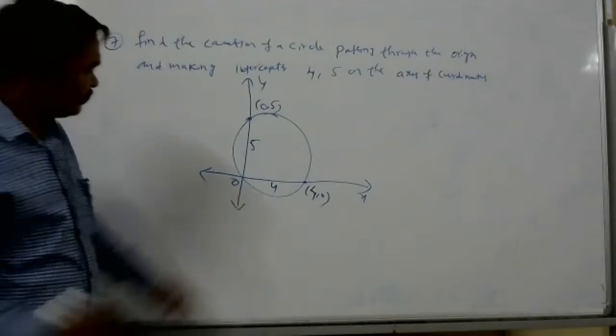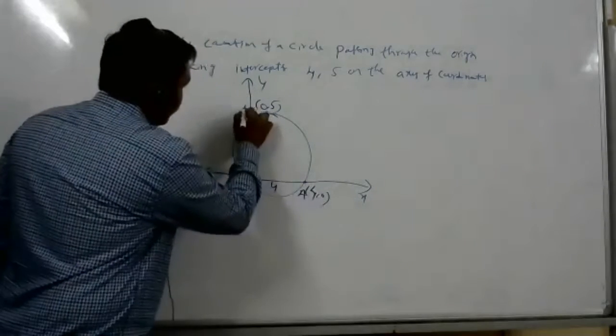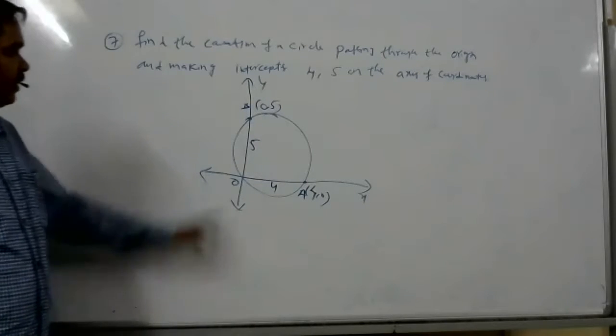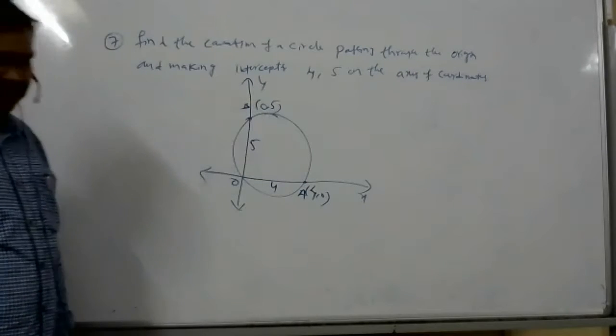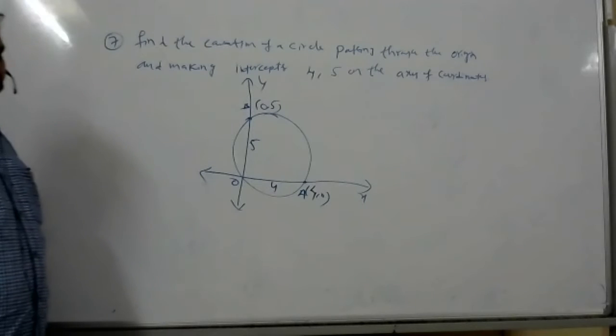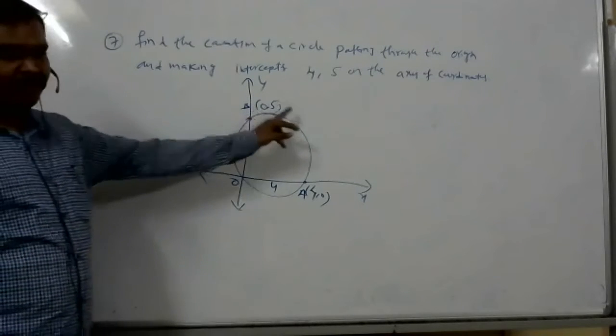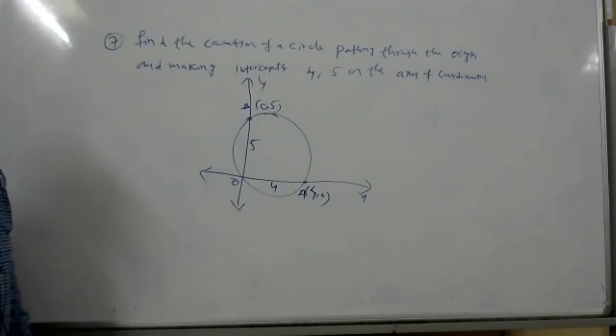Let the intercepts be, this is A and this point is B. OA is equal to 4 and OB is equal to 5. Then coordinates of A and B are 4 comma 0 and 0 comma 5 respectively.